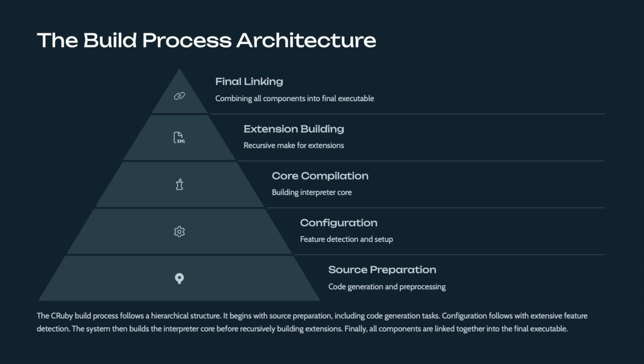It's just capable enough to run some basic Ruby scripts that are needed later in the build process itself. Okay, a helper Ruby. Then it uses this newly built miniruby to configure and compile all the standard extension libraries that come with Ruby. Ah, uses Ruby to build Ruby extensions. Exactly. And finally, all the compiled pieces, the core interpreter and all the compiled extensions, are linked together to produce the final Ruby executable that you'll actually use.